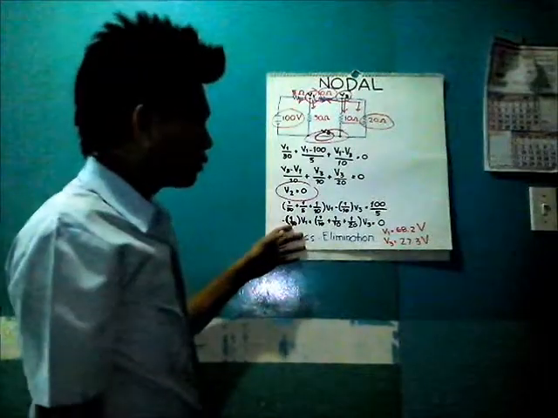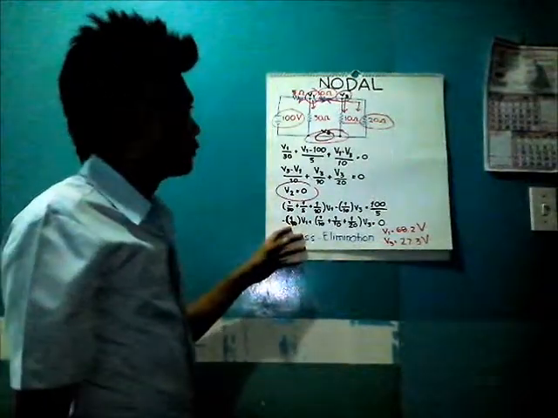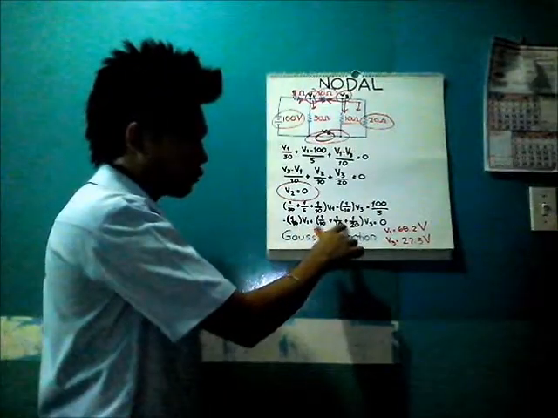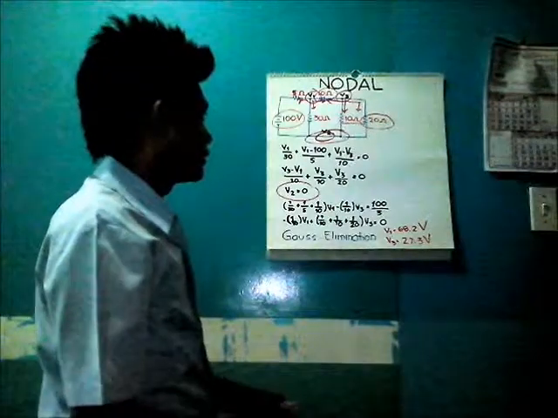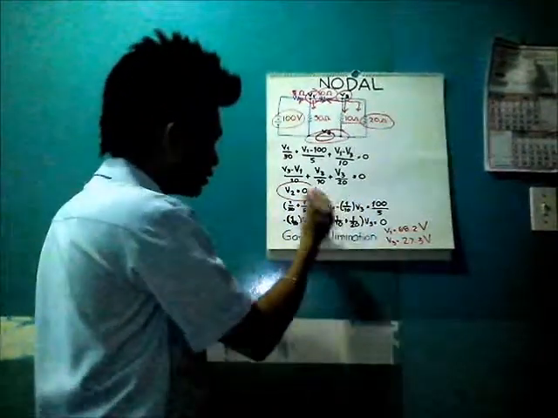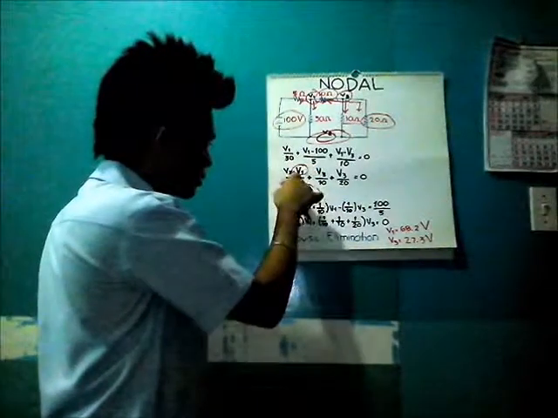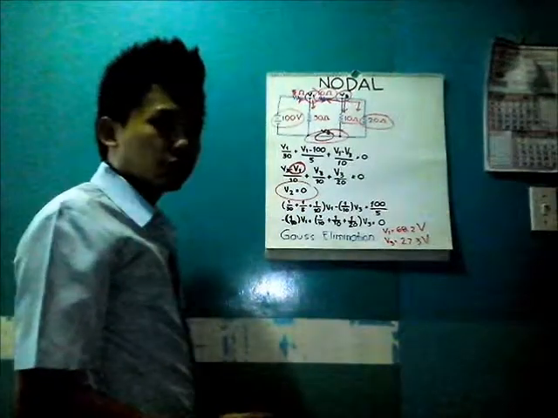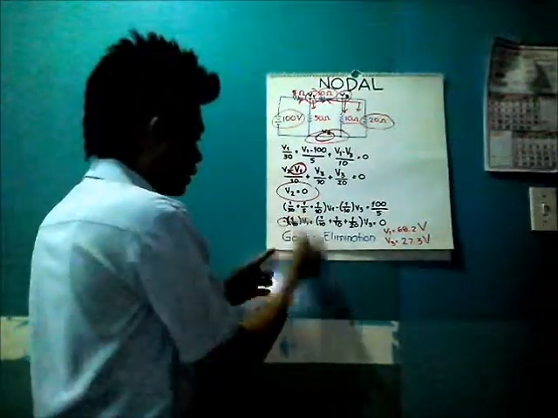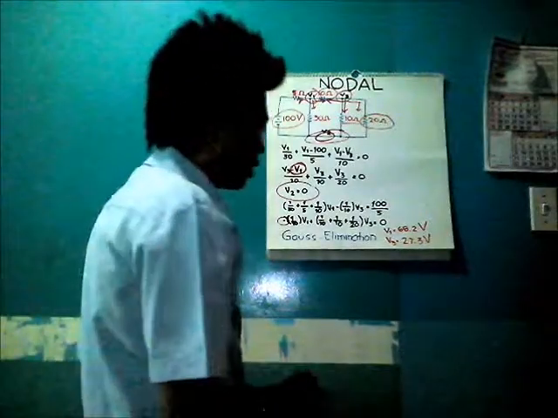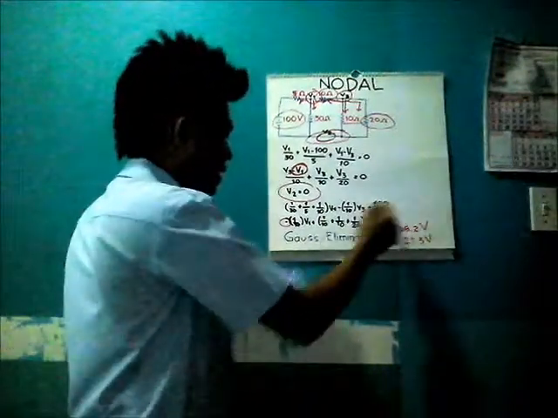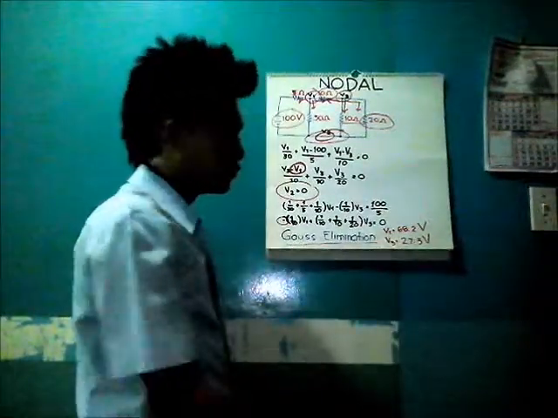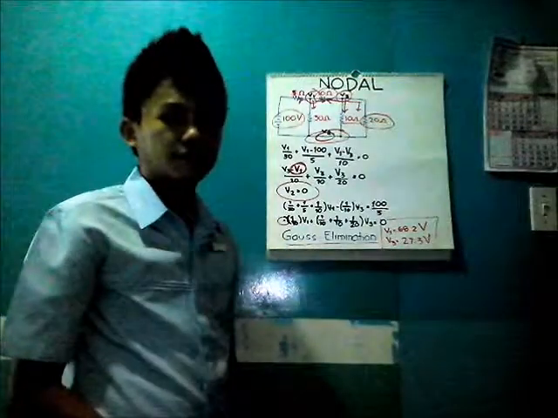And in our node number 2, our V3, we have 1 over 10 plus 1 over 10 plus 1 over 20, because in this term you can see V3 subtracted to V1. That's why we have the negative sign over here. And if you have these equations, you will use the Gauss elimination method to get these voltages.